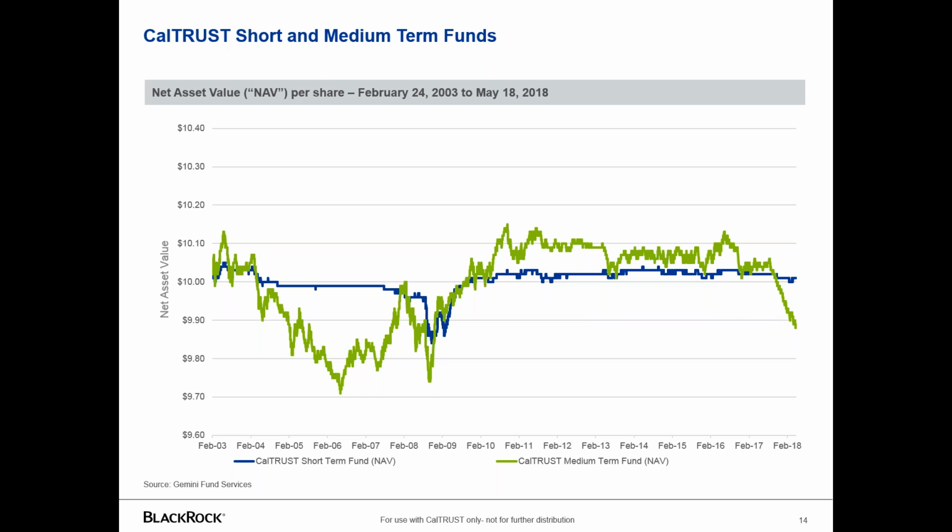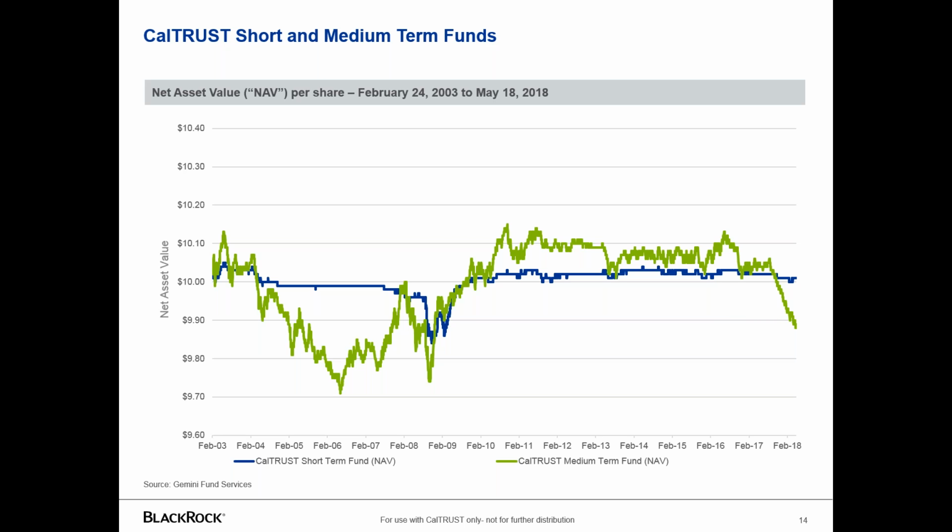Can the economy heat up a little more than where it's currently trending at 2%, leading to a faster hiking cycle? I would say that is a risk to the portfolios in general, which would mean that NAVs could decline even a little bit more. But I think that's a low probability event, but it's the biggest risk to the overall portfolios in general, especially the medium-term fund.